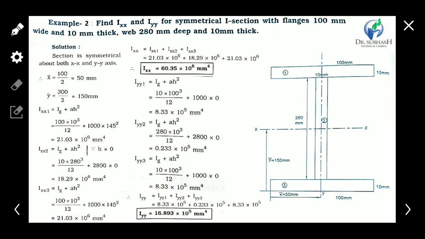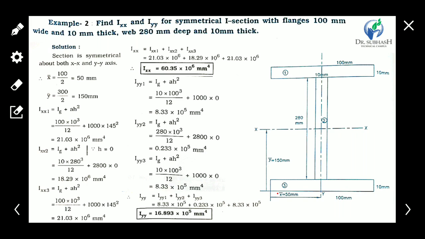Now we have the CG. Now place the x and y axes according to y bar and x bar. The x axis is placed at y bar, a vertical distance of 150 mm from this corner, and at x bar distance the CG is there, and from that the x axis and y axis are generated.